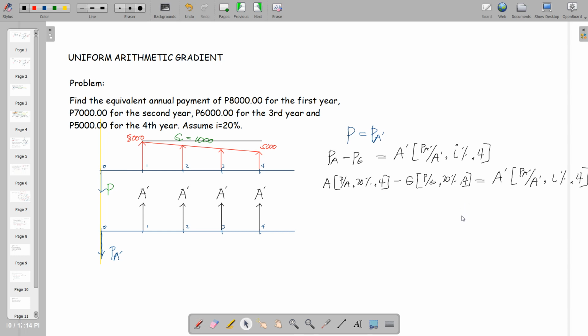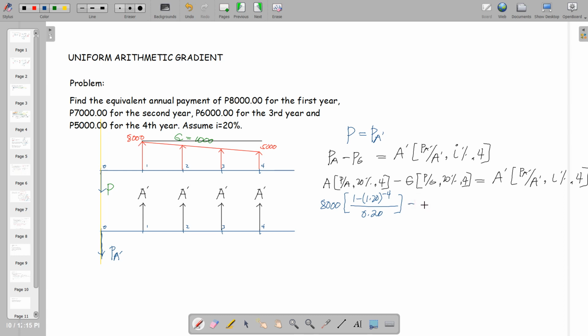And of course that will be just equated to this right hand side. So let us substitute the formulas. So our A here, the first one, is always the first cost on the gradient. So that's 8,000. And then we just substitute the formula 1 minus 1.2 raised to negative 4 all over 0.2.